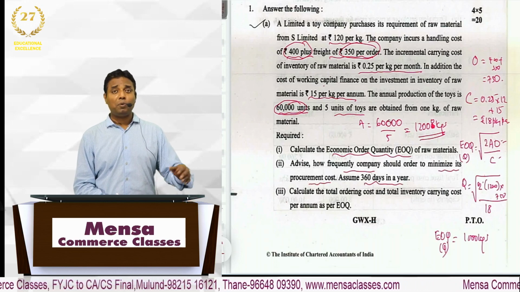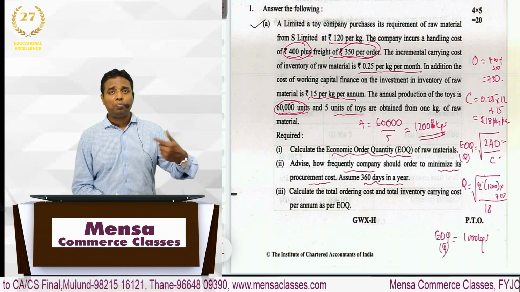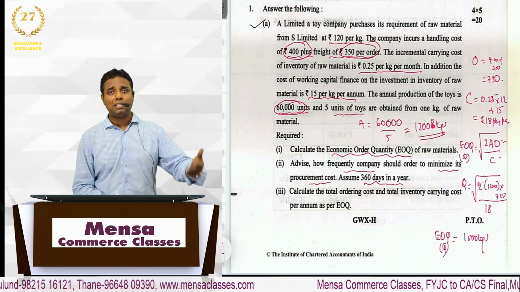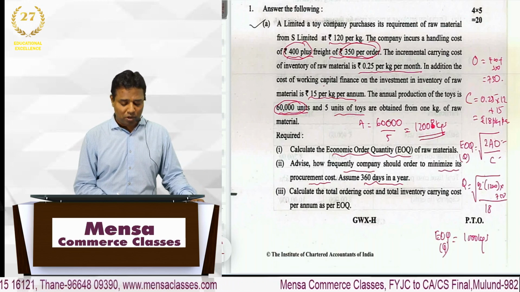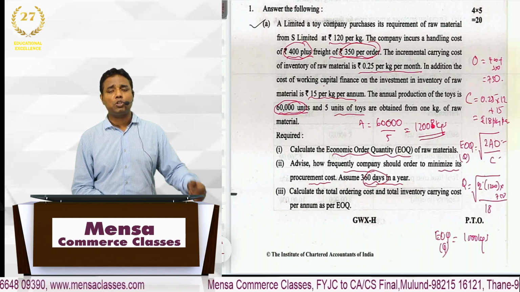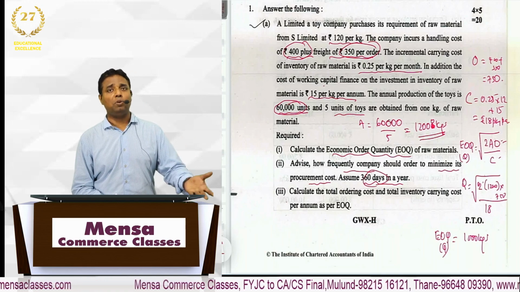So how frequently? How frequently means at what period they should place the order. How many days? How many months should they place the order? Here it is in days. So within how many days should they place the order? For that, what we should know is how many orders they are going to place.